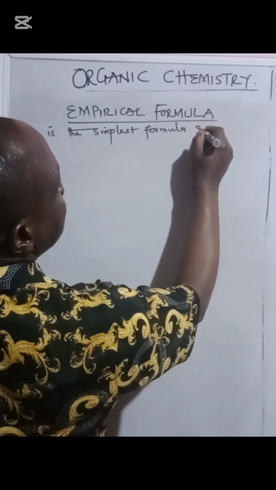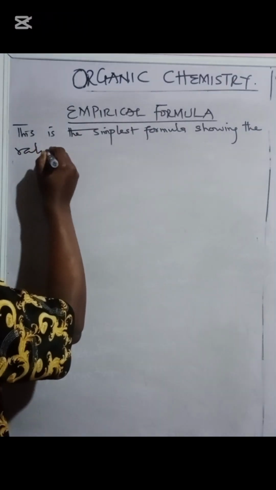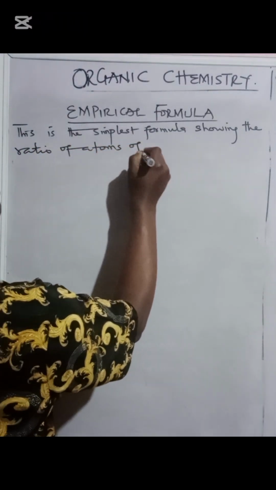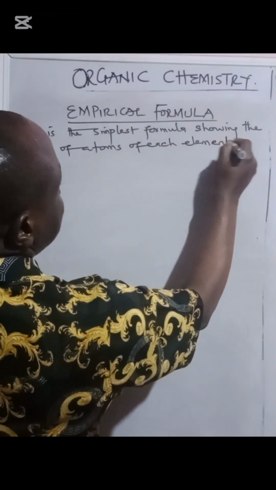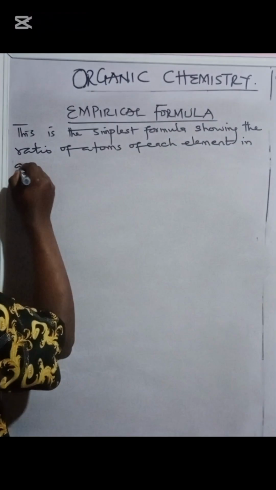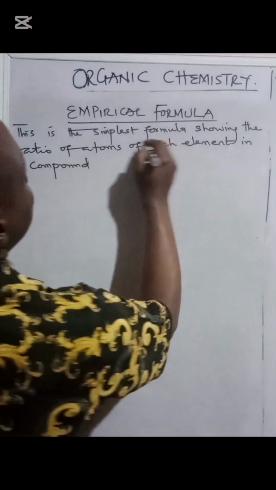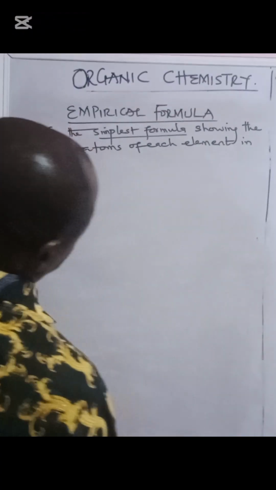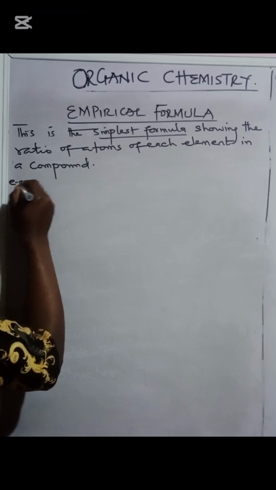This is the simplest formula showing the ratio of atoms of each element in a compound. Only showing the ratio is the simplest formula. The ratio. See example. Example 1.